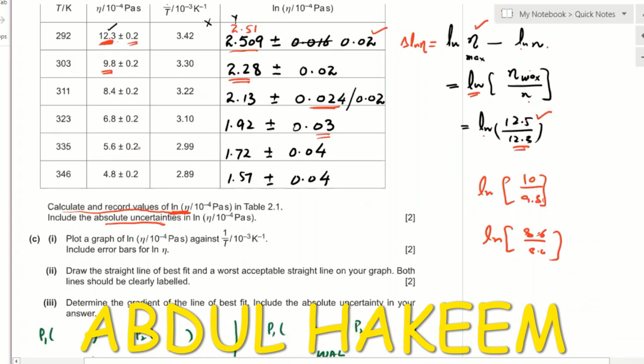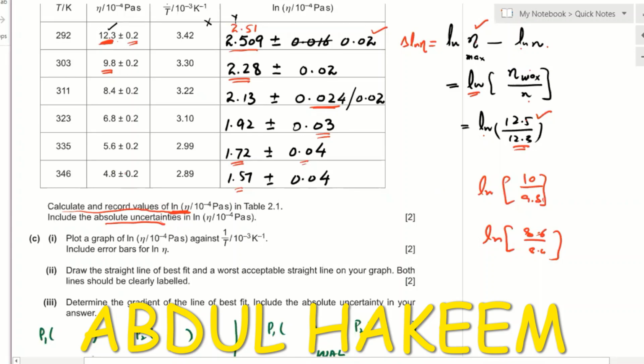Similarly, ln 5.6 is 1.72, and then ln of 5.8 divided by 5.6, so the uncertainty is coming 0.04. And the last is ln 4.8, 1.57, and for the error, the maximum value is 4.8 plus 0.2, so ln of 5 divided by 4.8, and this is 0.04.